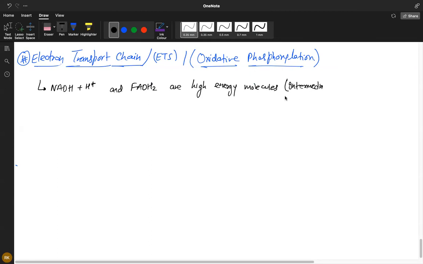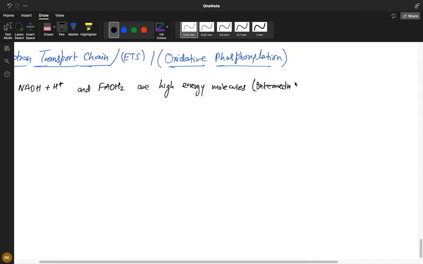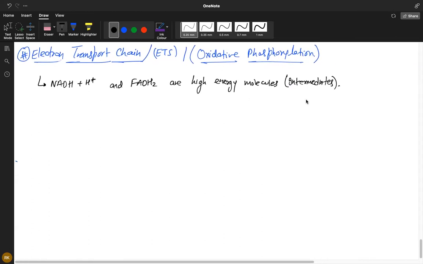Why are they called intermediates? Because they are never used. They are like a check. If I give you a check of 10 lakh rupees, that check itself will be of no use to you. It is a very high energy paper in your hand, but you cannot use it. You cannot shop with it.